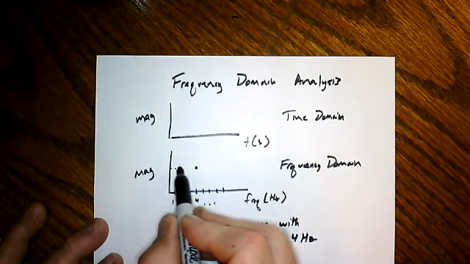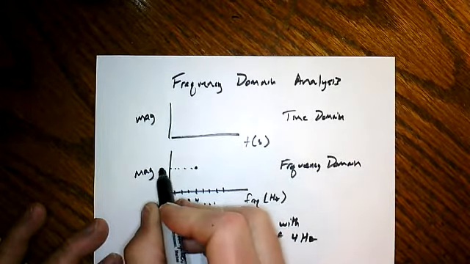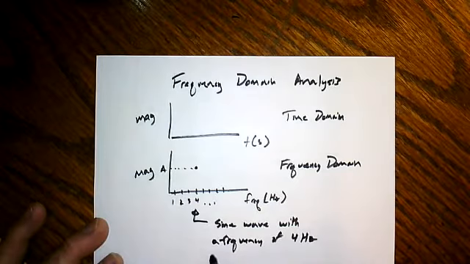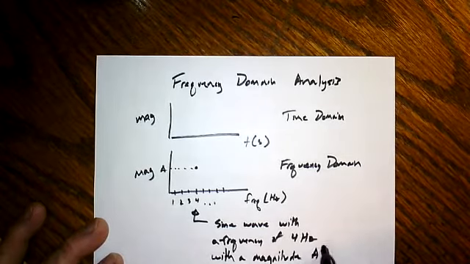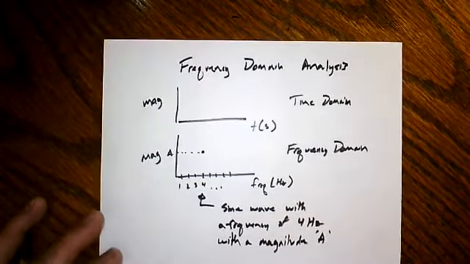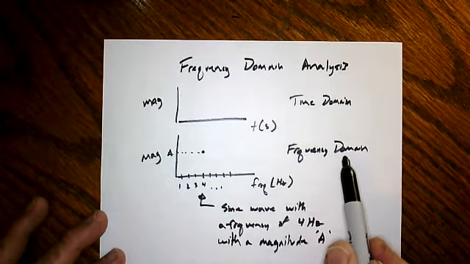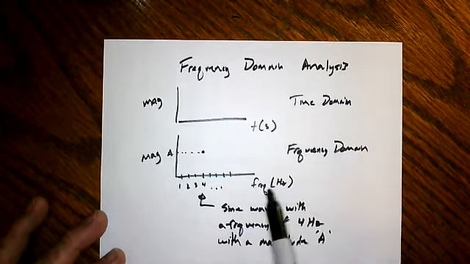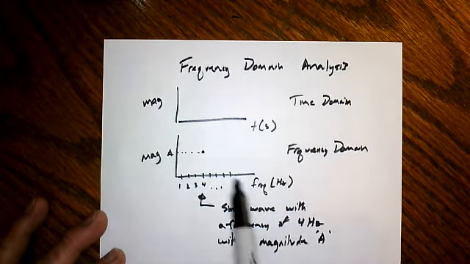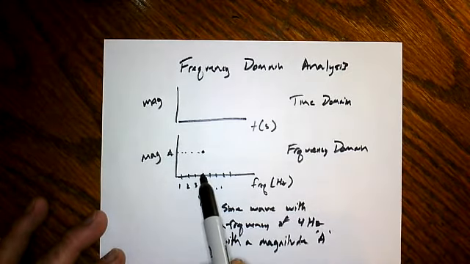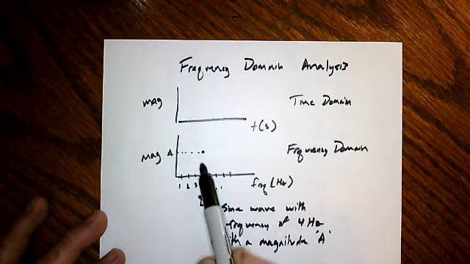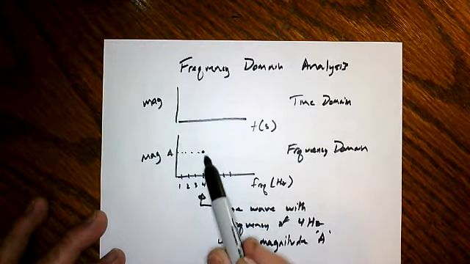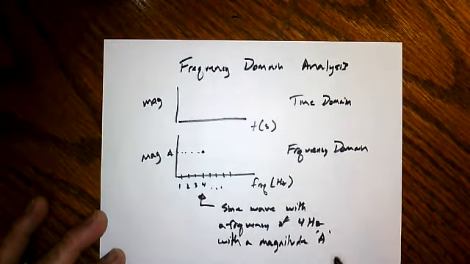And this would be some magnitude, I'm just going to put here a magnitude A. So the frequency domain plot that you always want to watch out for, with frequencies on the x-axis, is simply telling us a sine wave, a frequency, and an amplitude of that sine wave.